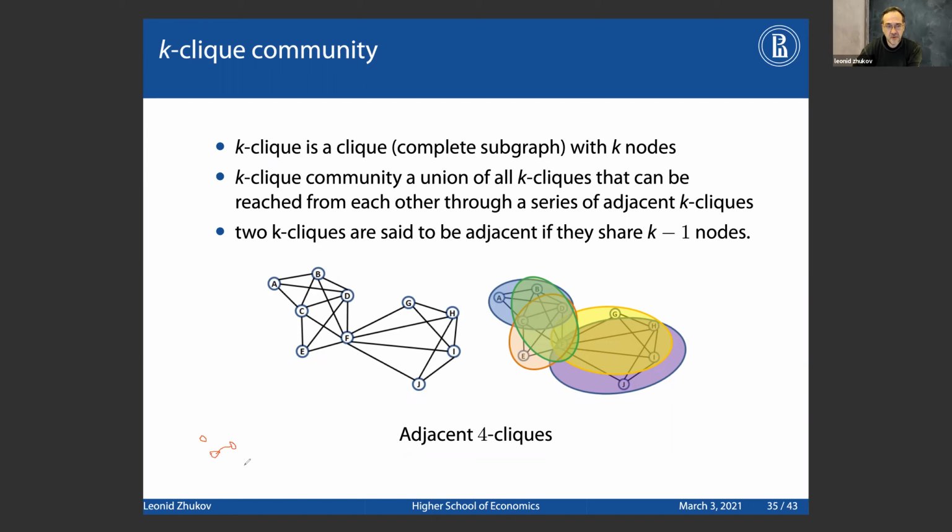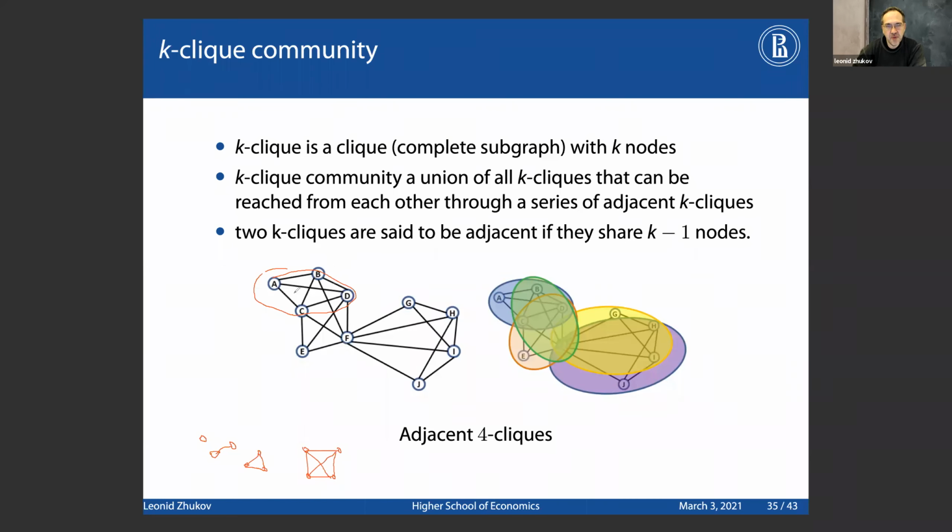This is a complete subgraph of 2 nodes, this is a complete subgraph with 3 nodes, this is a clique of 4 nodes, etc. This method works well for denser graphs, but that's where you most likely have overlapping communities. So the idea is that you detect those cliques and then look at their overlap.